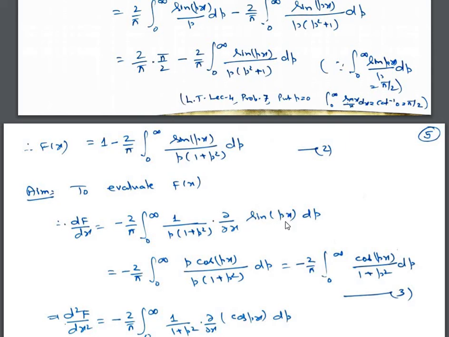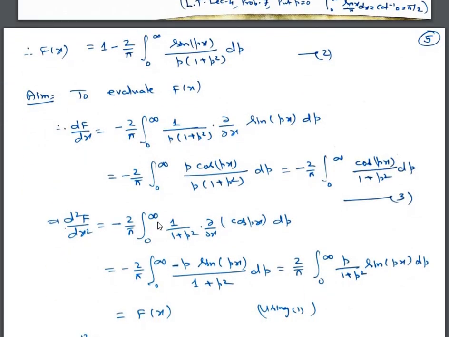Now the derivative of sin px with respect to x is p cos px, so p will get cancelled. So we have df/dx equal to minus 2/π times the integral from 0 to infinity of cos px upon 1 + p² dp.